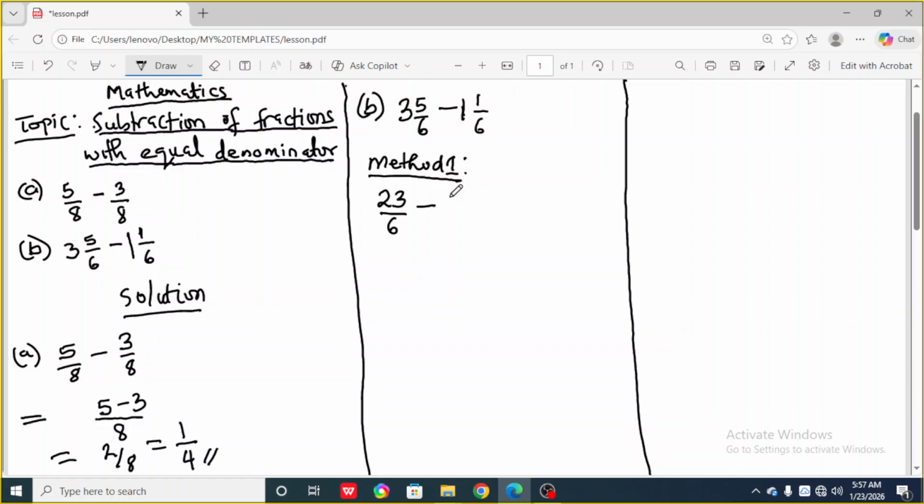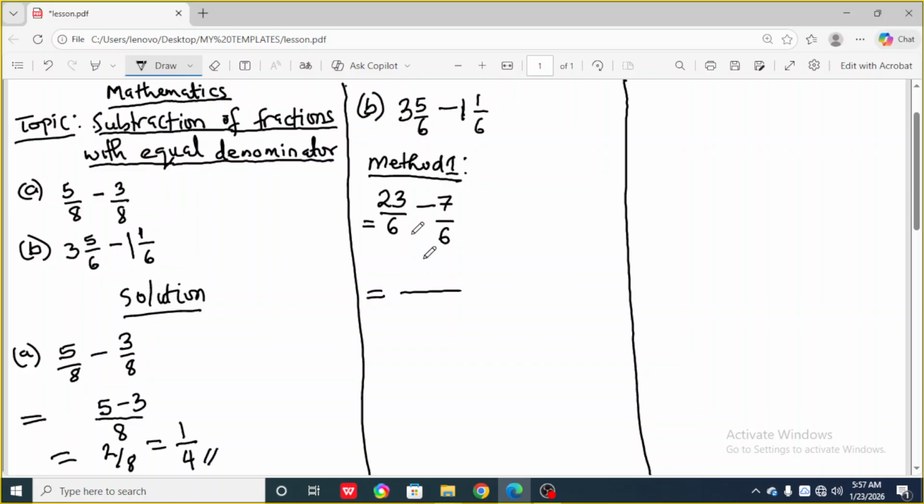That will give us 7/6. So now we have improper fractions. But the denominators are still the same. So when the denominators are the same, we do the same thing that we did for the first example.